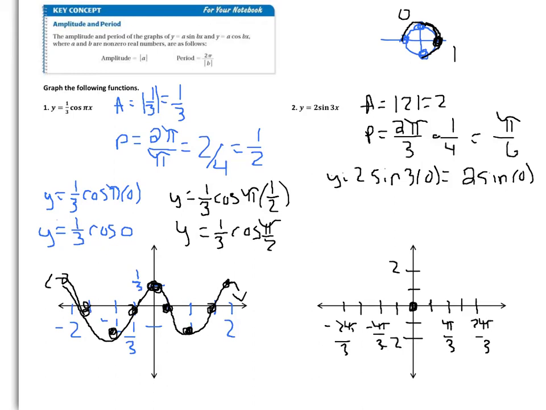So it goes 0 up to the max, down to the 0, down to the min, back up to the 0. And then in the reverse direction, it goes from the 0 to its minimum. 0, max, 0. So there's our graph.